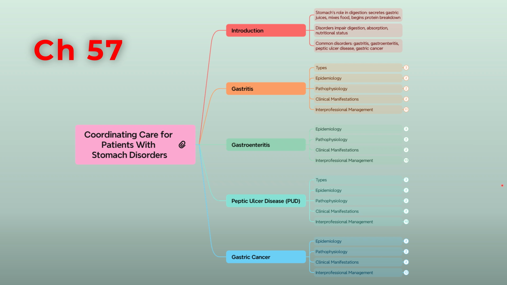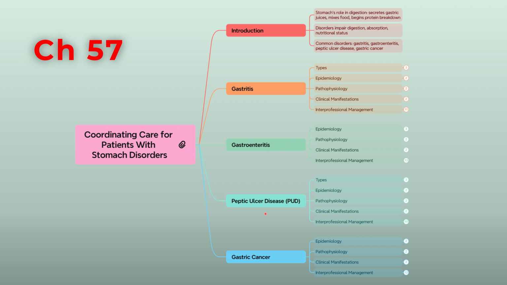What you will learn from this chapter 57 will make things easier to understand. Gastritis: why NSAIDs and H. pylori are the biggest enemies of the stomach lining and how to treat it. Gastroenteritis: why rehydration is the number one key priority for the stomach flu.